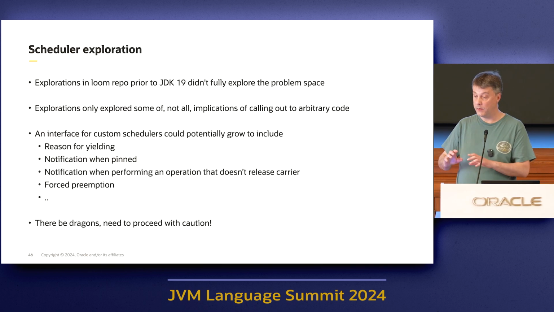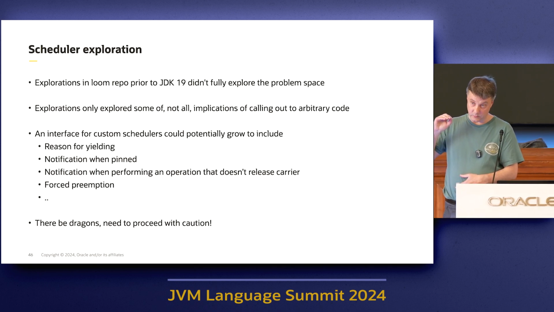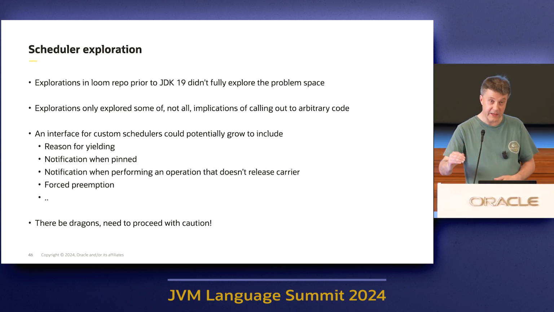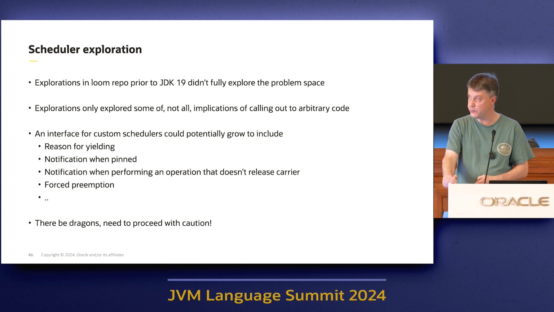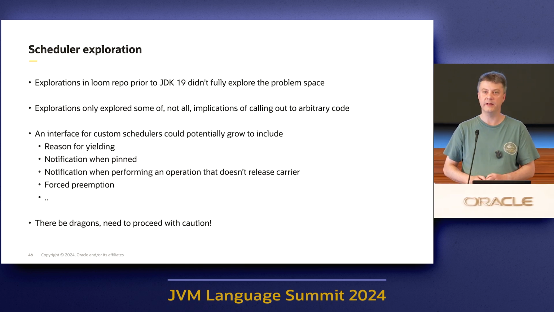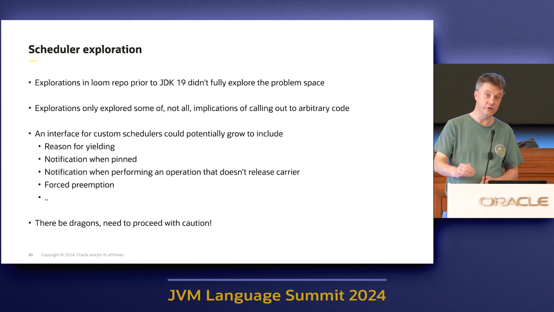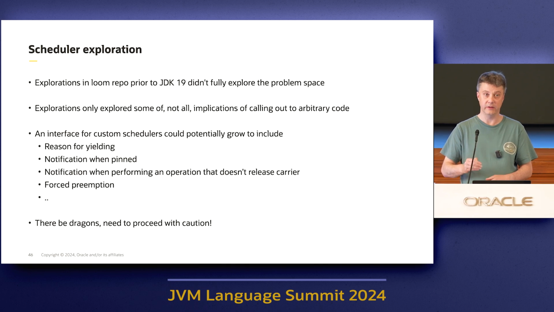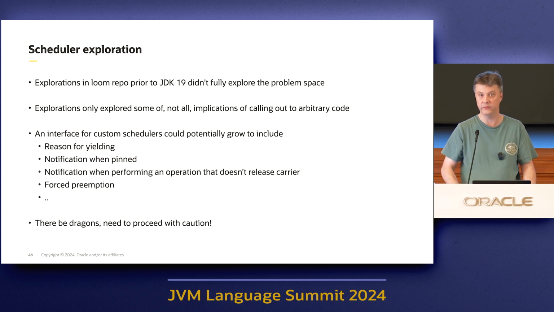Okay, so one last slide on this. We had explored this space up to a point in the Loom repo, but we didn't necessarily explore the full problem space. There are a lot of issues with having a scheduler being run at very critical points in the execution and calling out to arbitrary code that's owned by some server application over here.